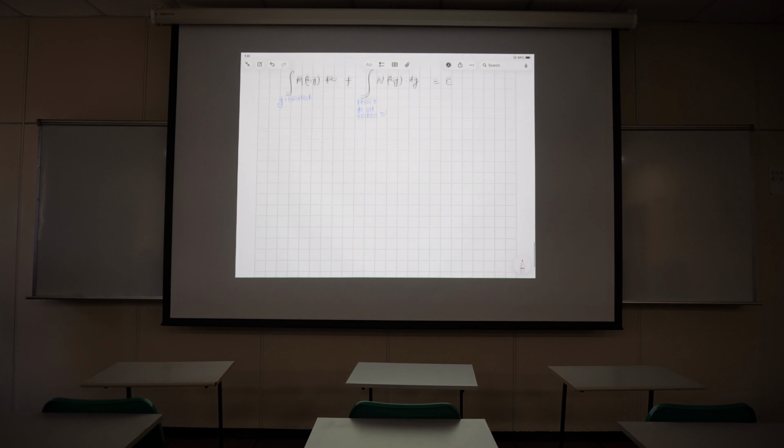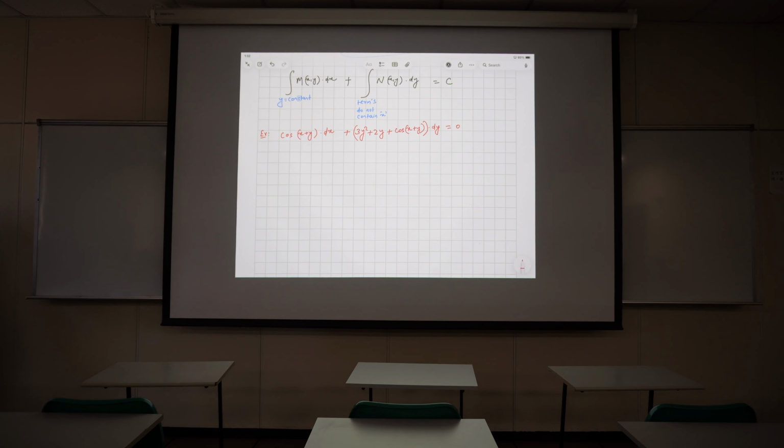Cosine(x plus y) dx plus (3y square plus 2y plus cosine(x plus y)) dy is equal to 0. So this is the ODE.